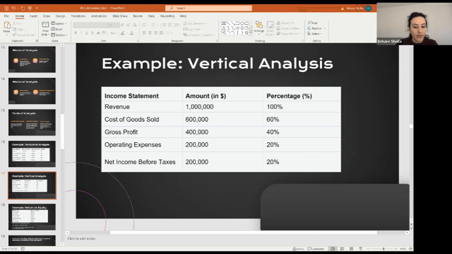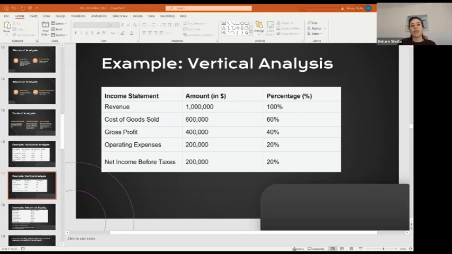Did I get the question right? Can you repeat the question, please? Yes, that's the question. How would you calculate it?